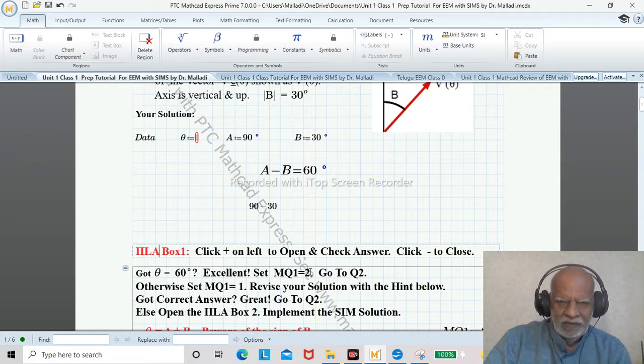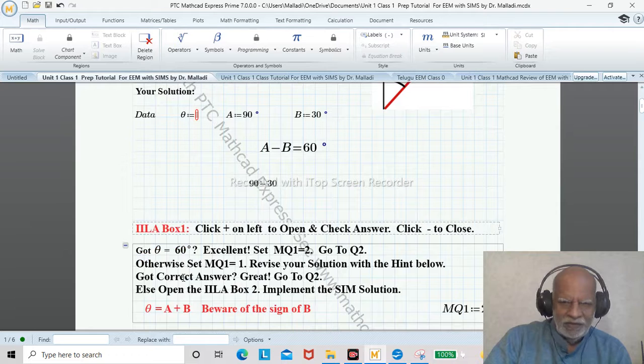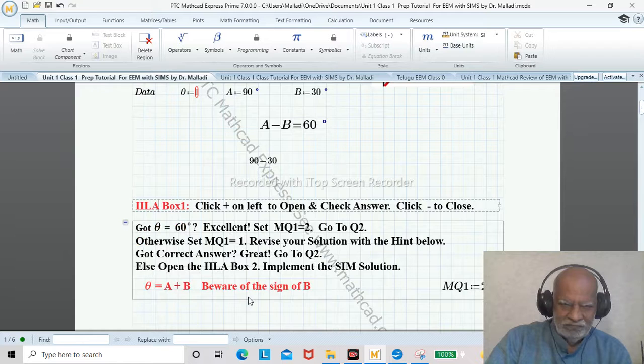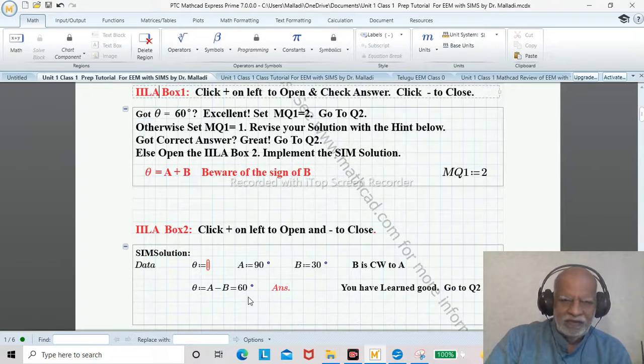Here it gives a check and it will give you instructions. If you get the right answer, give yourself 2 points, otherwise only 1 point and revise your solution, or go for a further hint, like this.